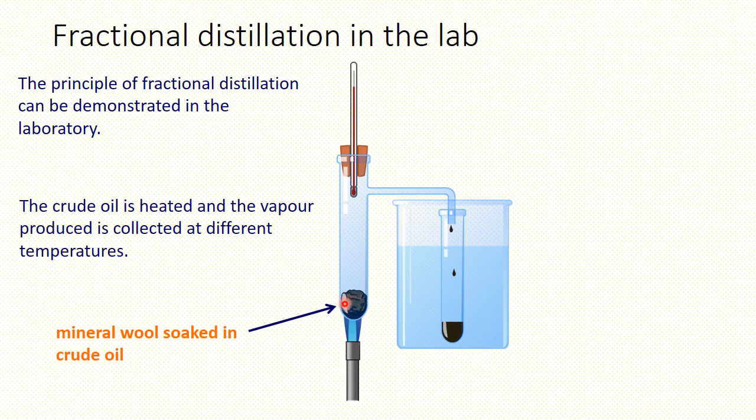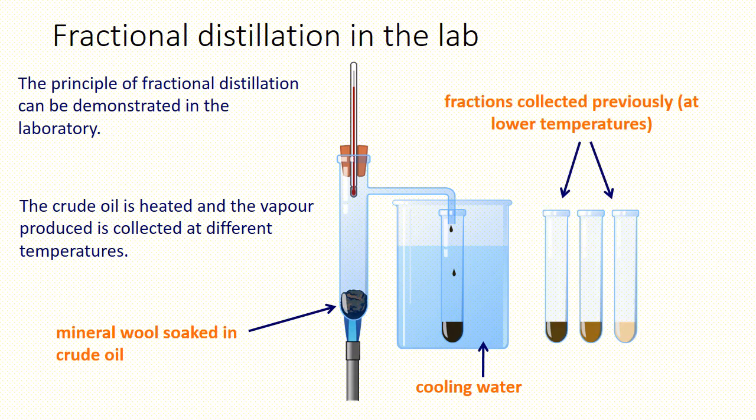Down at the bottom here we would have some mineral oil, and that would be soaked in crude oil, and what we'll do is we'll heat this up, say, to 100 degrees C, and we will collect the vapor that comes off and use this cooling water in order to condense the vapor into a liquid, and we can collect the fraction that comes off at 100 degrees C. Then we can increase temperature to 150 degrees C, and then to 200 degrees C, and we'll keep on carrying out the same thing, and we can collect a series of different fractions so that we're able to separate out this mixture of hydrocarbons that we find within crude oil.